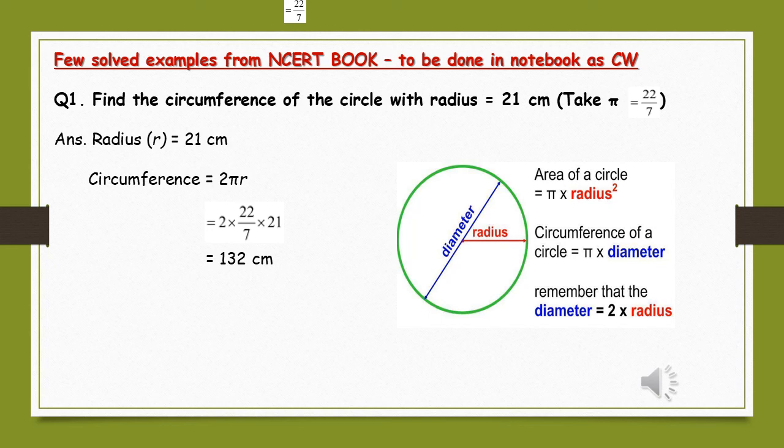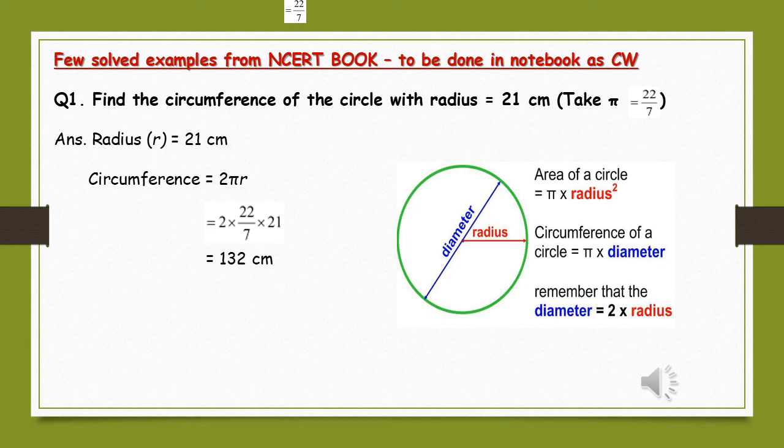We have to note down one thing here: as we are finding the circumference, that means the length of the boundary, the unit remains centimeter itself. It is not being squared, because we are only simply multiplying 2, that is a mere number, into 22/7, that is also a pure number, into 21 centimeter.